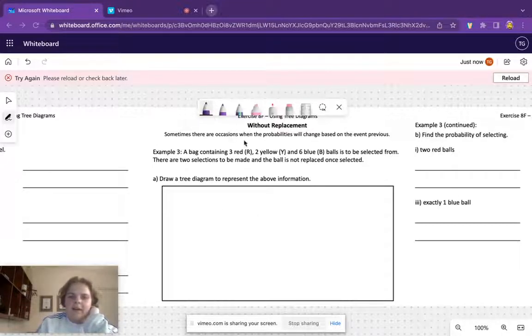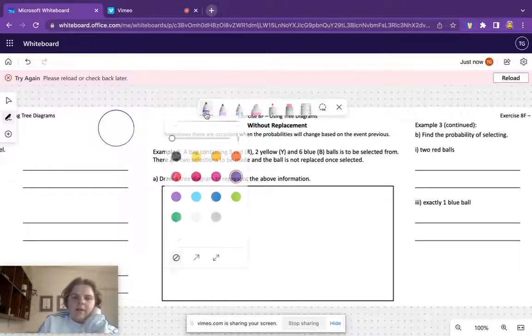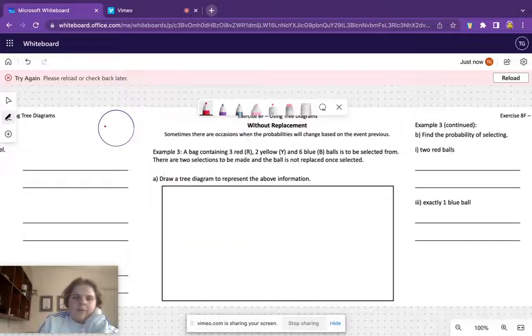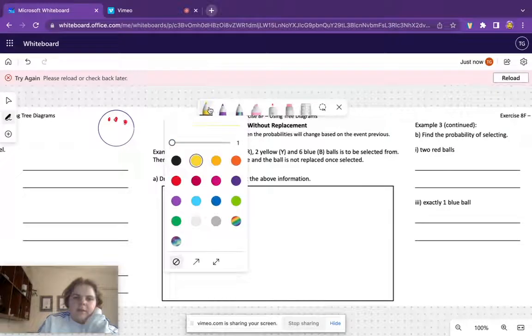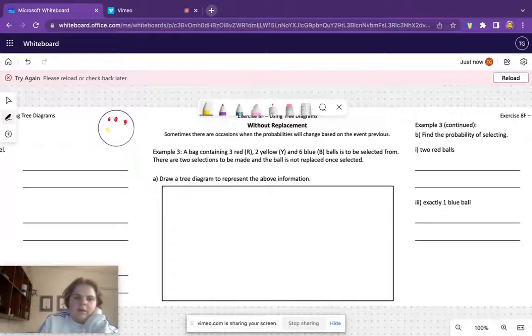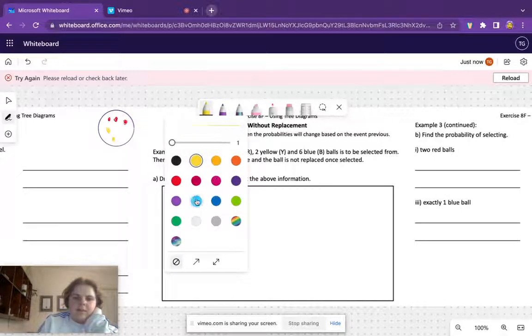So this time we've got a bag. I might even draw our bag over here. So we've got a little bag, and in our bag we've got 3 red marbles, we've got 2 yellow marbles, and 6 blue.